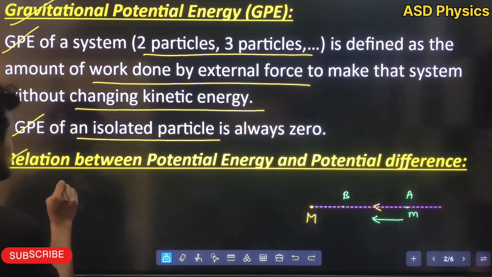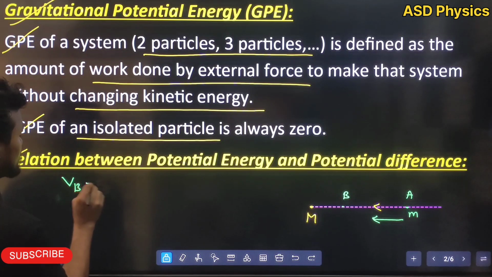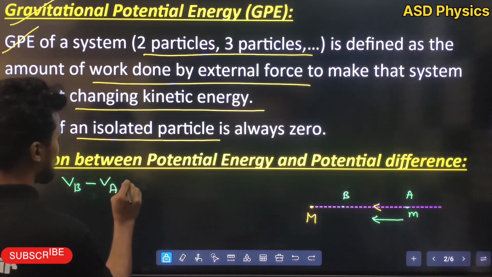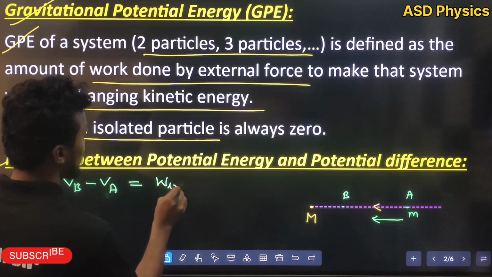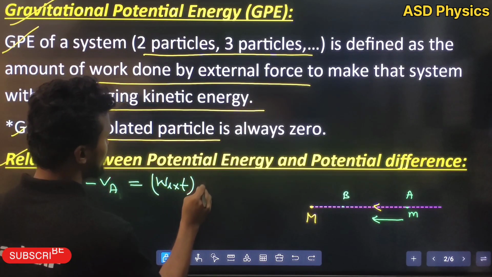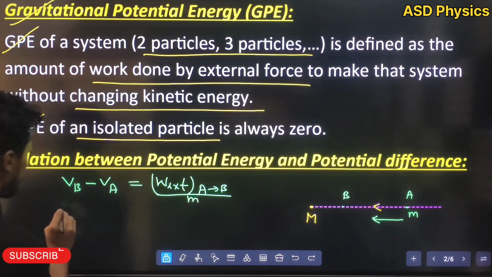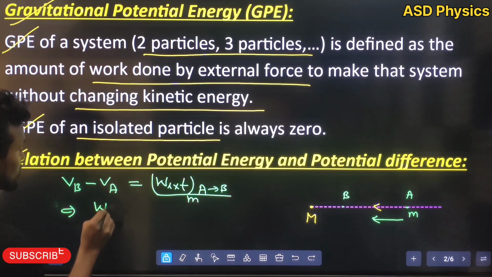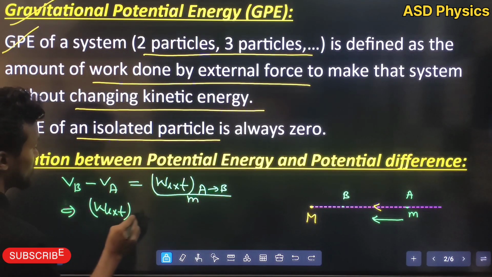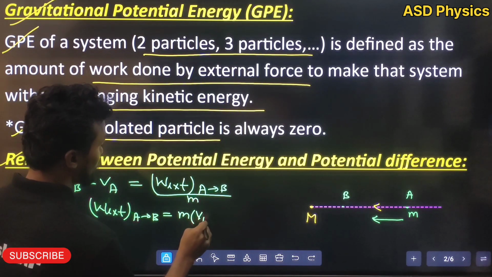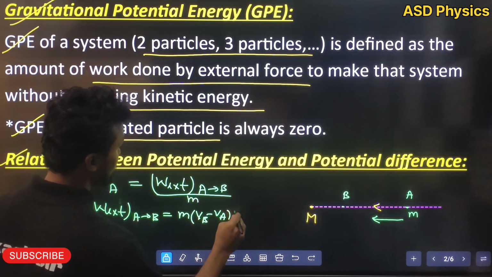So the concept here is: the potential difference between points A and B, where B is the final point and A is the initial point, is defined as the work done by the external force to move the unit mass from A to B. We can say that in this situation the work done by the external force from A to B is equal to m(VB minus VA).